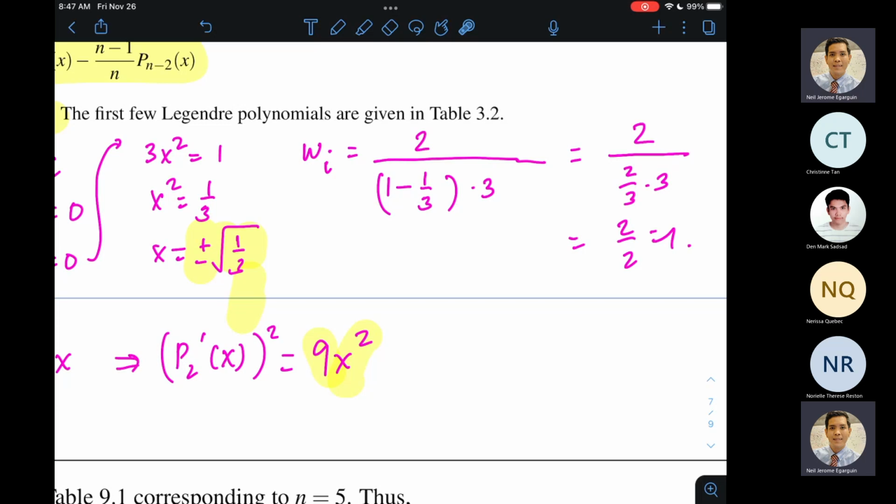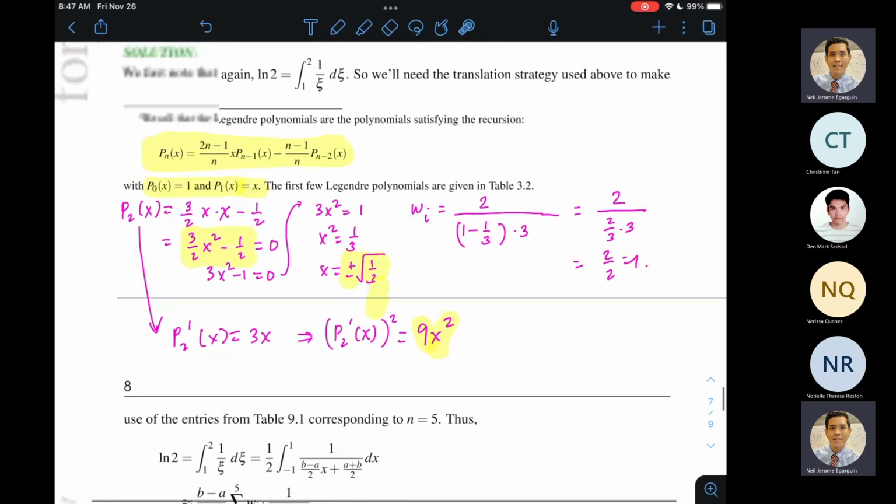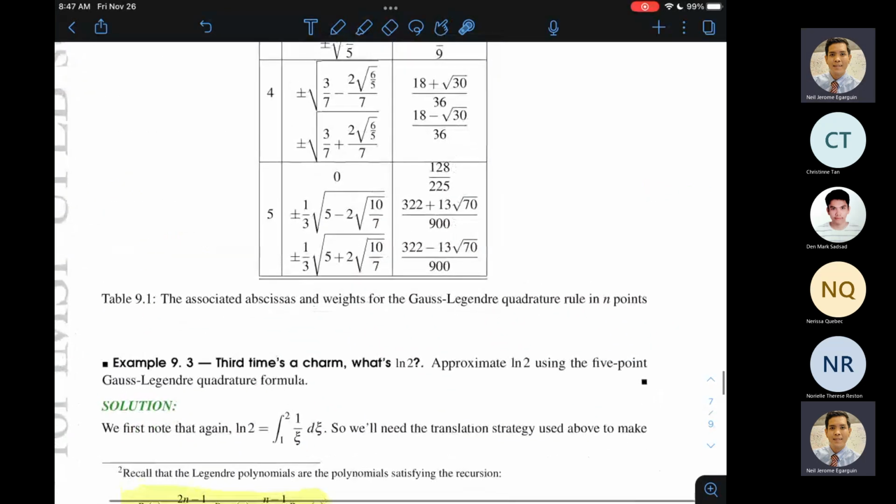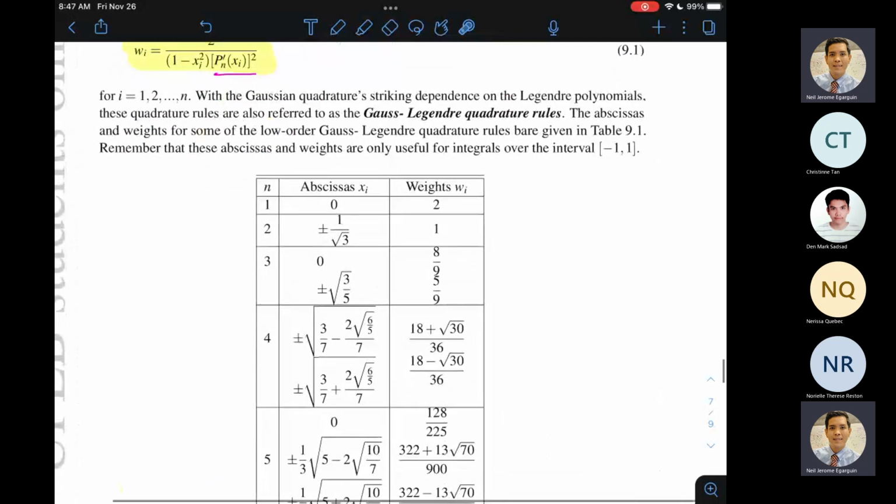Okay? Now, if you want to get Gaussian quadrature formulas using more points, then probably it might be easier to use Legendre polynomials. Okay, and this striking connection between the Gaussian quadrature formulas and Legendre polynomials prompted most mathematicians to refer to these quadrature rules as the Gauss Legendre quadrature rules.